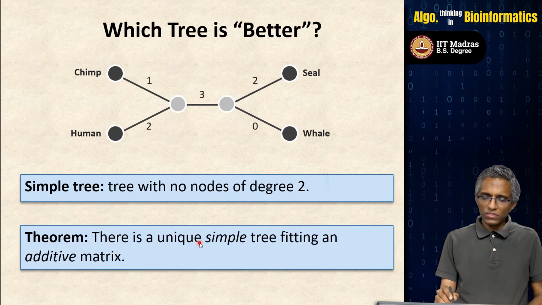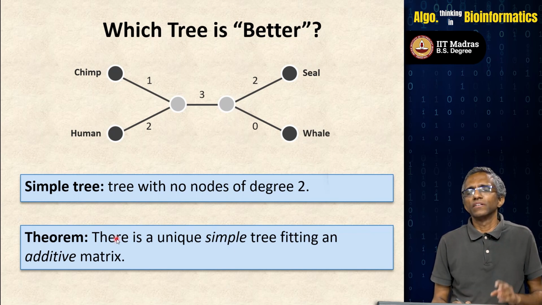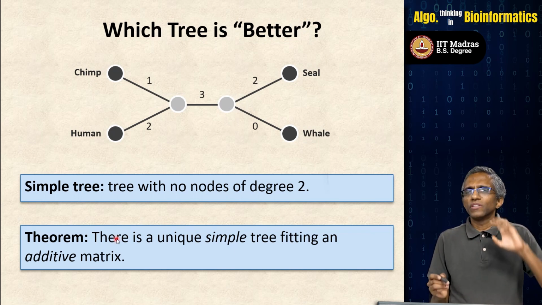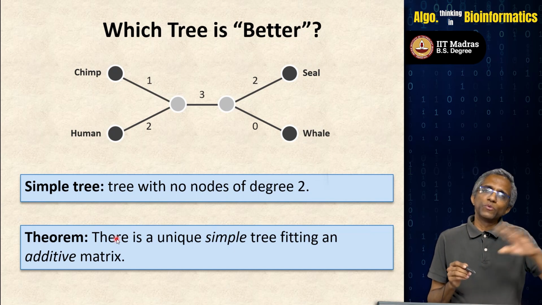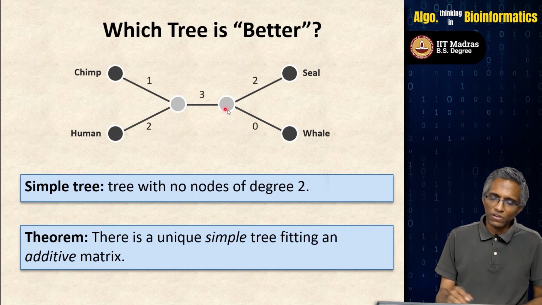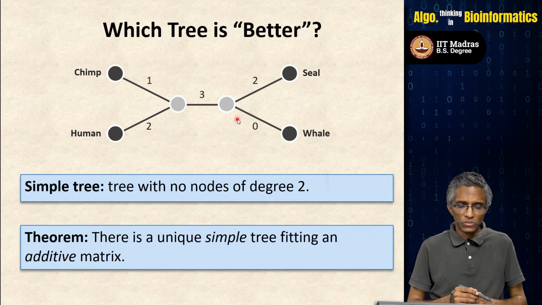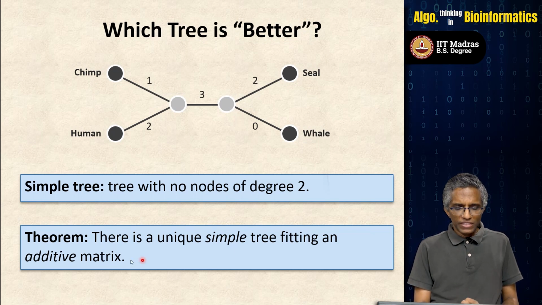And once you have this, there is a theorem which says that degree 2 nodes are the ones that create the trouble. Okay. If you remove the degree 2 nodes and you only allow degree 1 or other higher degree nodes, like degree 1 or 3 nodes, then there is a unique simple tree fitting an additive matrix. Okay.